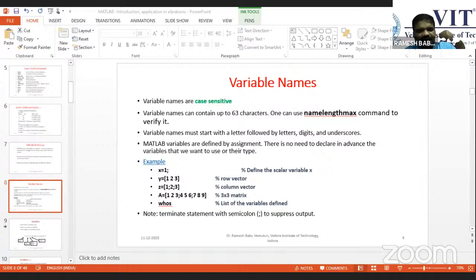So that is the difference. Once you use this semicolon, then obviously it will become a column vector.